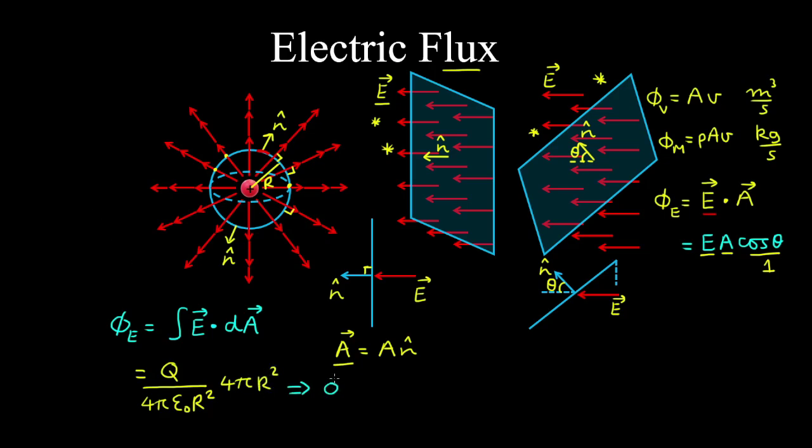So therefore the electric flux through the surface of that sphere is going to be the charge on the permittivity of free space. And we're going to look at this more closely when we look at Gauss's law, where this charge is specifically the charge enclosed within that surface.